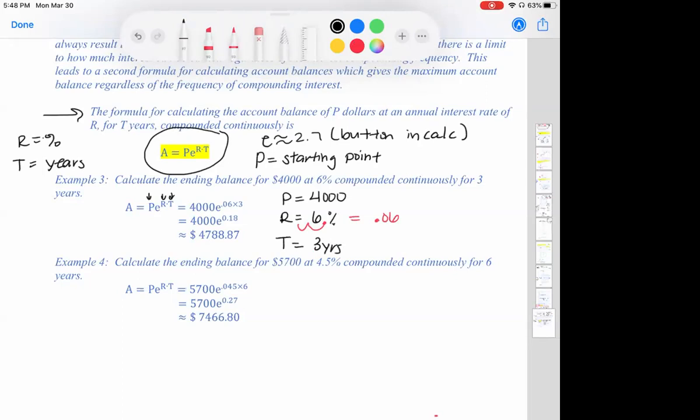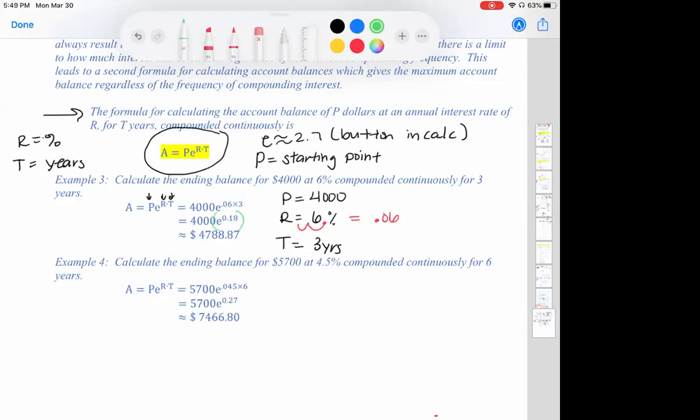All right, let's go ahead and plug this in. Let's go ahead and simplify your exponent. And so we're left with 4,000 e with an exponent of 0.18. And you just punch that into your calculator. If I might recommend, first find the e value. It's going to be a very ugly decimal, and then push times 4,000.